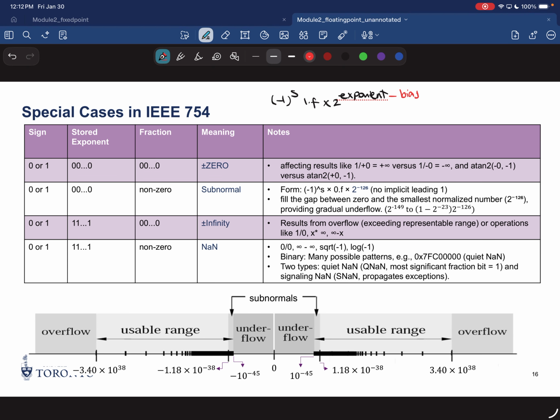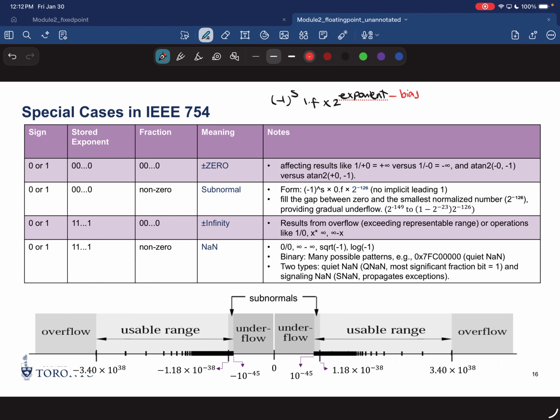For example, you can differentiate between positive or negative zero. And you can see that this is good if you are trying to say you should be producing a plus infinity or minus infinity.